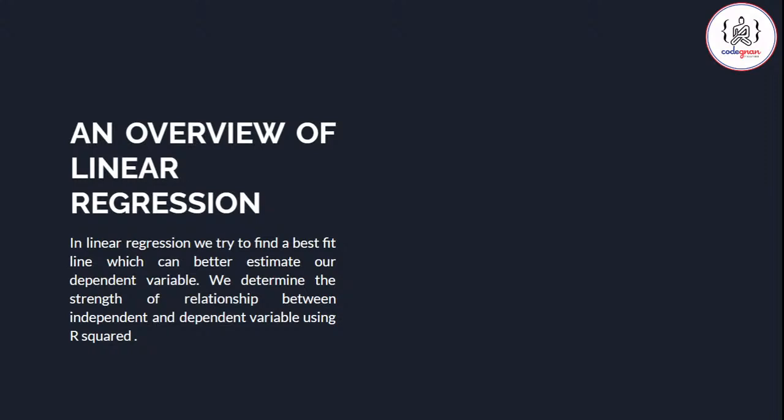Let's say if you want to predict the house prices, then it should be as close to the real value or your actual output as possible, right? So we try to measure this relationship using R squared. So here our evaluation metric is R squared.